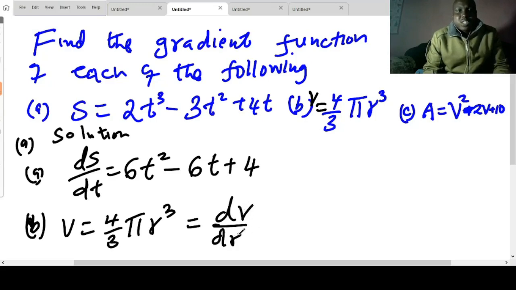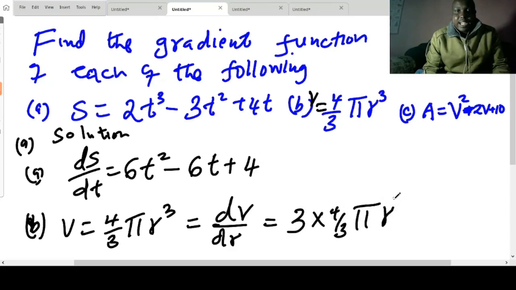So on the right side, we consider the power of r only. The power is 3, so we are going to have 3, which is the power, times the coefficient, which is 4 over 3, and the pi, and then r to the power 3 minus 1.